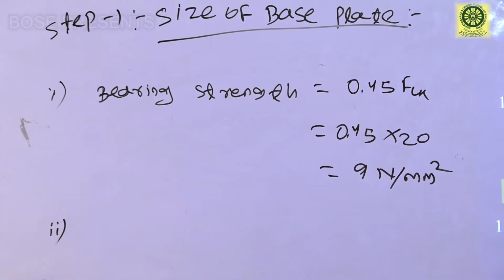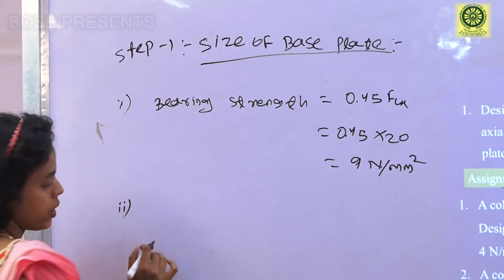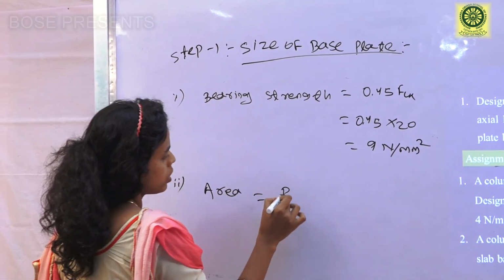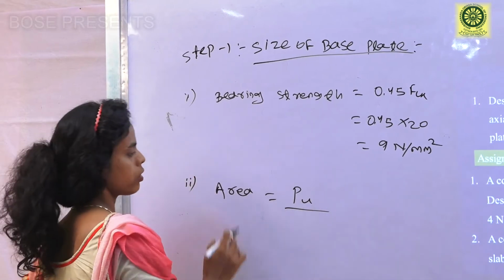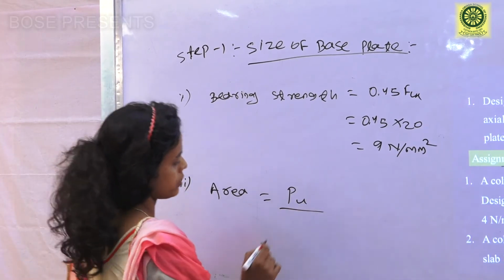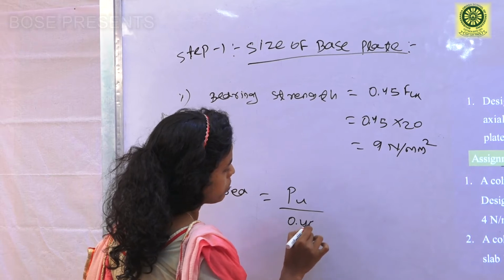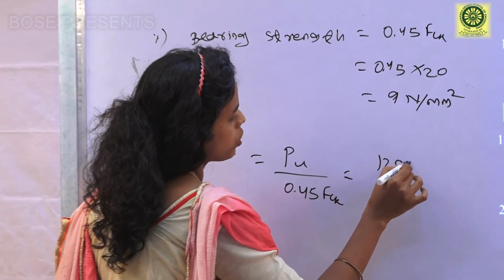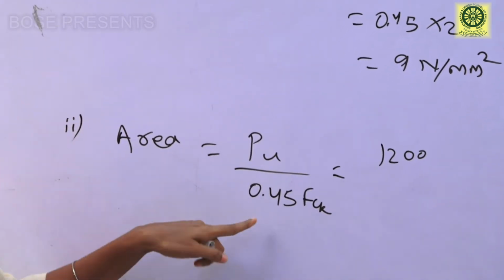Then we have to calculate the size of base plate, means the area. So area is equal to, we have the load and we have the pressure. So area can be calculated by dividing load by pressure, that is Pu by 0.45 fck. Pu is here given 1200 kilonewton.